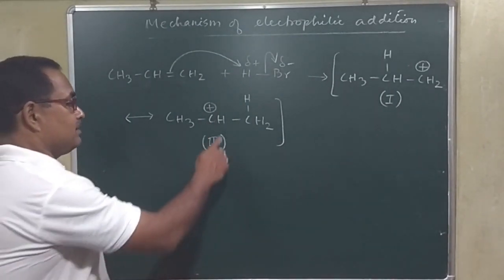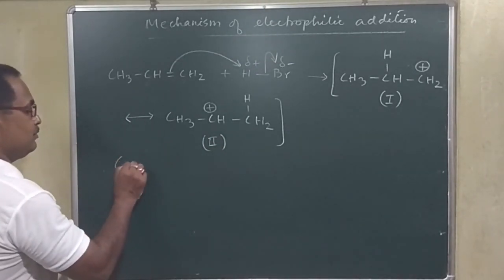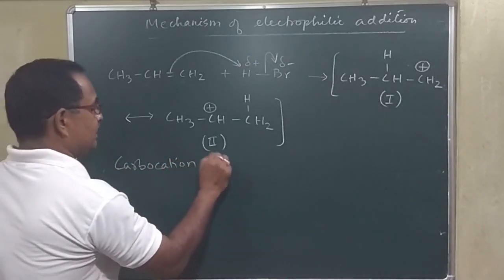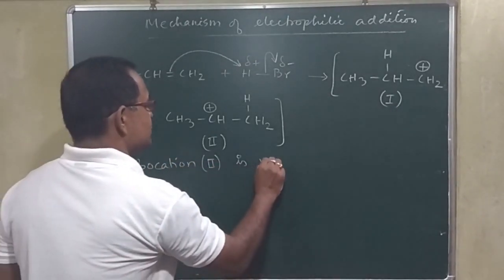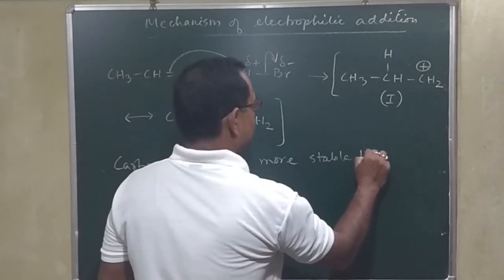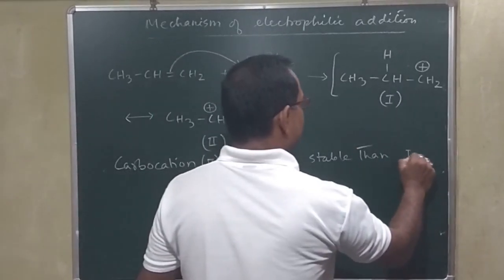Okay? So carbocation 2 is more stable than 1.